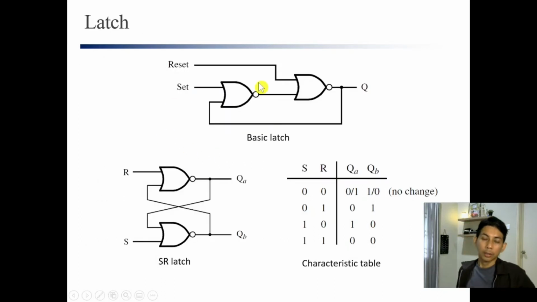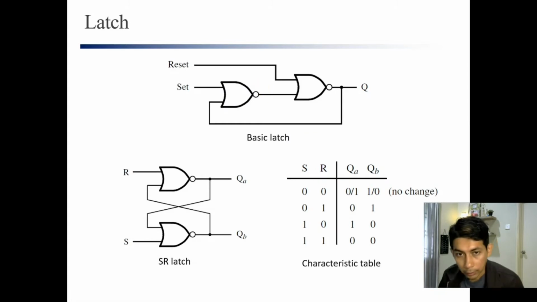So this is how we create the memory in digital electronics. The first thing is the latch. This is what we call the SR latch. This is the basic latch.